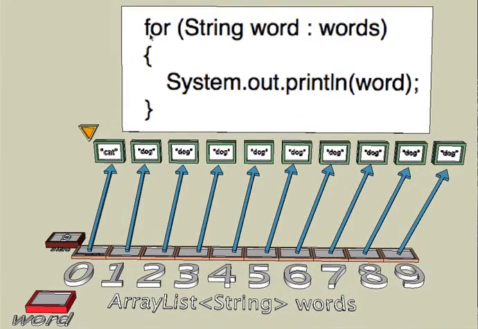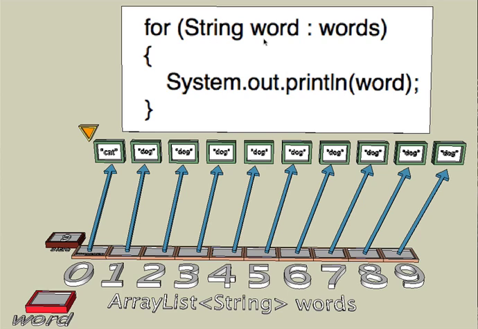Okay, so now we're looking at the for each loop. Now the reason this is called the for each loop, well, the for part of it's pretty obvious, right? The each part of it comes from the nature of this loop, which basically goes through each element in the collection or list.